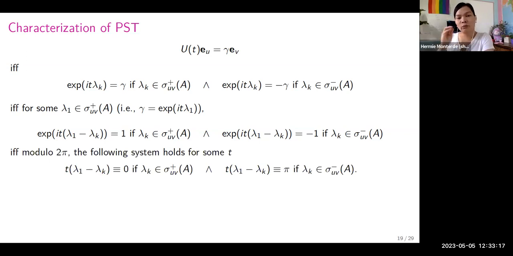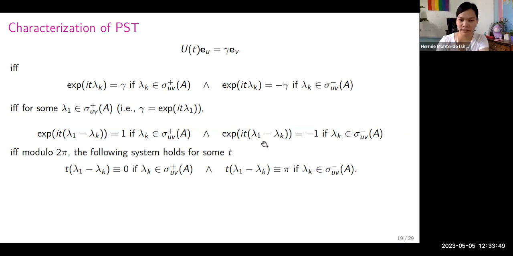We want both of these to hold at the same time. Equivalently, there is some time t for which the exponential of this equals 1. Isn't that just saying that t times this difference is an integer multiple of 2 pi, right? Or here, it's an odd multiple of pi.